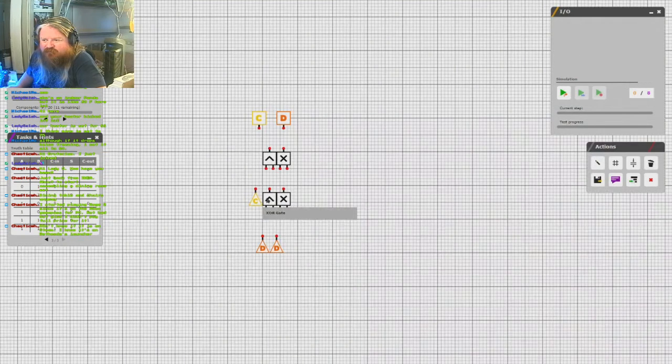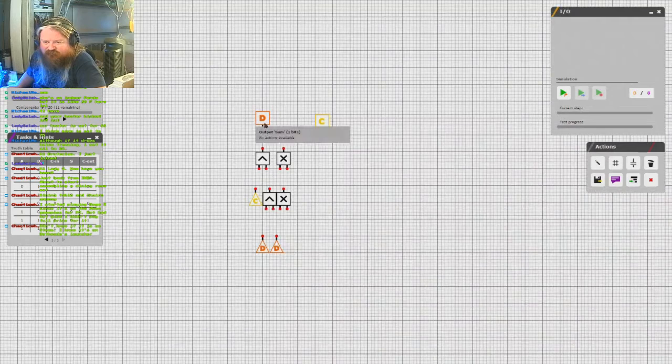So if the carry or this mess is 1, we output the sum. So if either one of these or that, we output the 1.